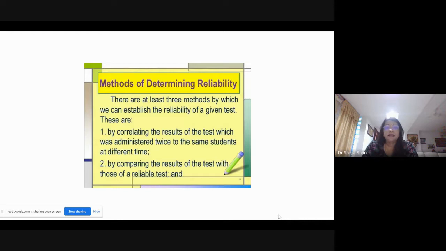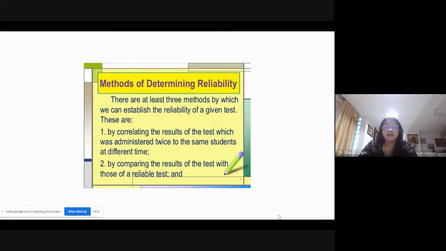All right. Methods of determining reliability. Just now was how you do your validity. There are at least 3 methods. Just now was 4, here is 3. These are correlating the results of the test which was administered twice to the same students at different times. For example, you give the questionnaire today, then after a week, you give back the same questionnaire and you see whether there is any relationship or correlation or not, right?